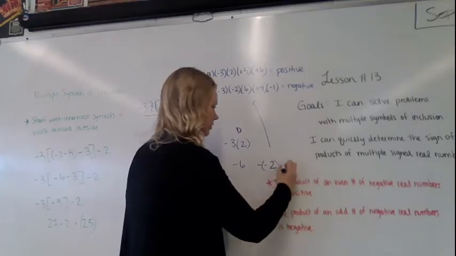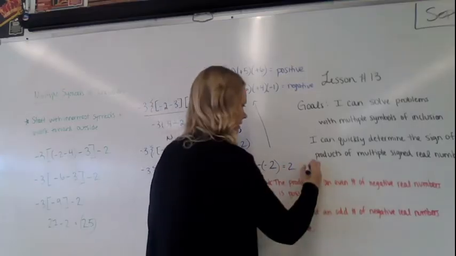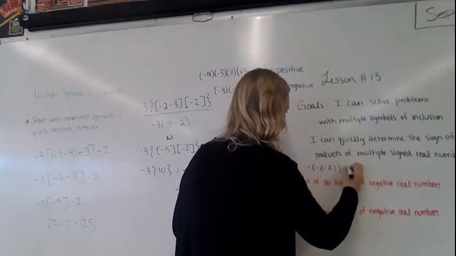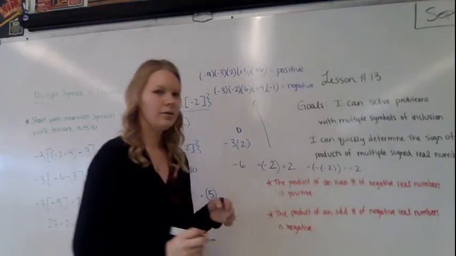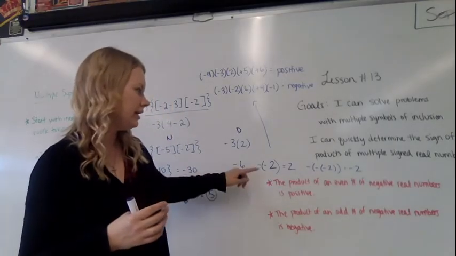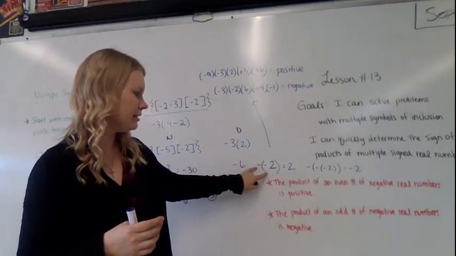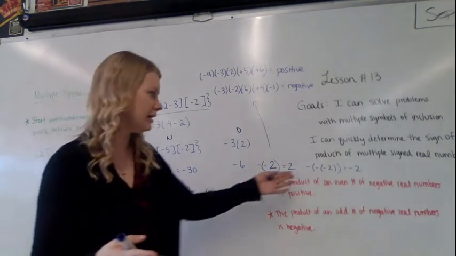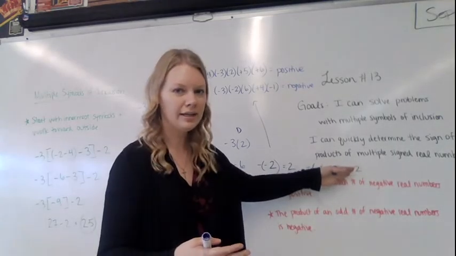Negative negative 2 is really equal to positive 2, right? And negative negative negative 2 is equal to -2. And so it's very similar to this, in which when we have an even number of negative signs, our answer is positive. And when we have an odd number of negative signs, our answer is negative, okay?